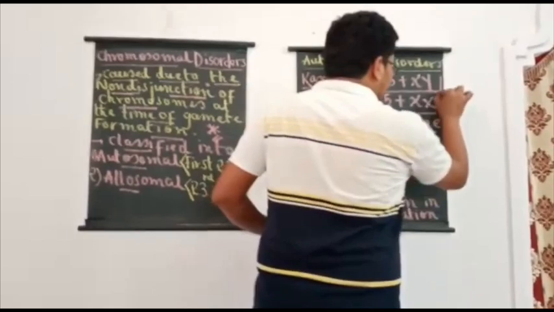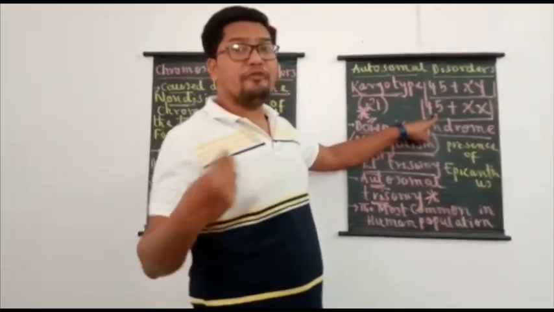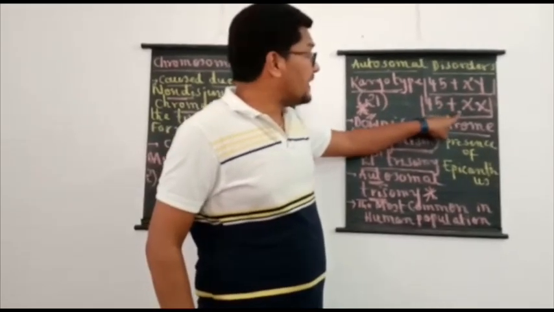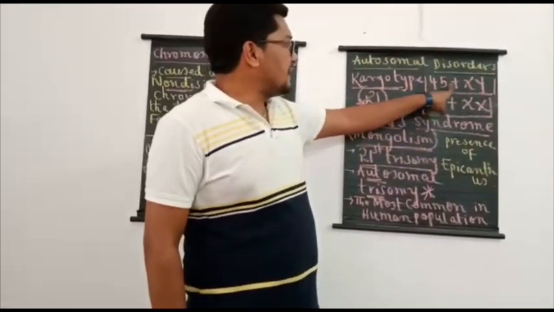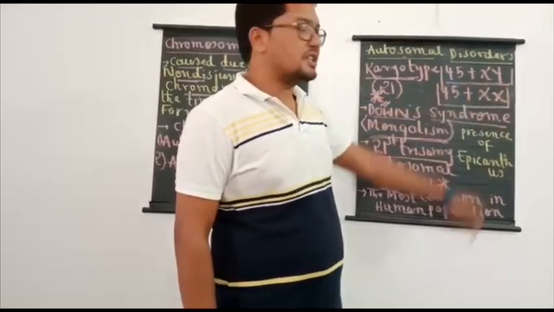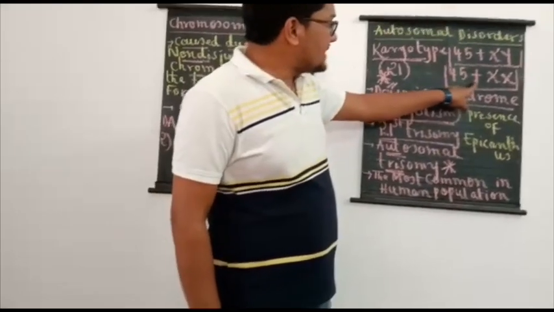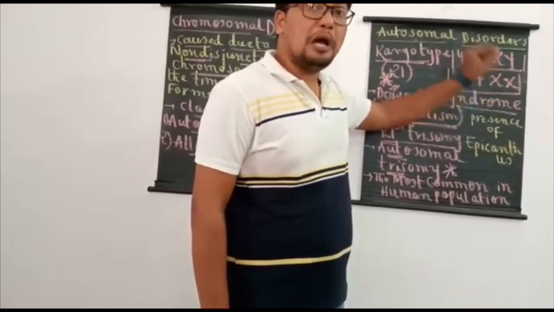And when a female baby is born with Down syndrome, what is the karyotype? Obviously, that is 45 plus XX. So directly remember, 45 plus XY is the karyotype of a male baby with Down syndrome. 45 plus XX is the karyotype of a female baby with Down syndrome.